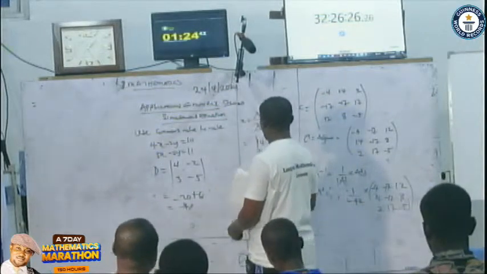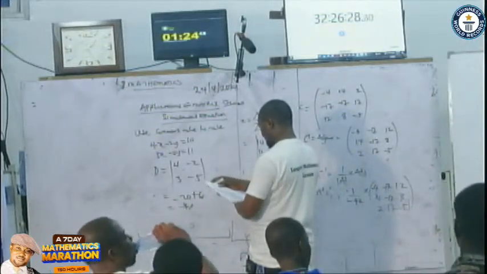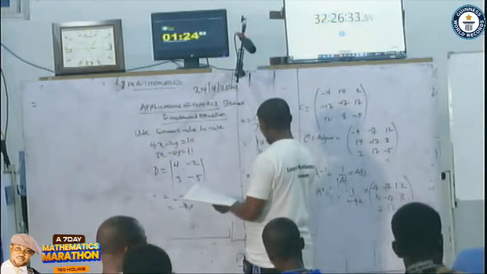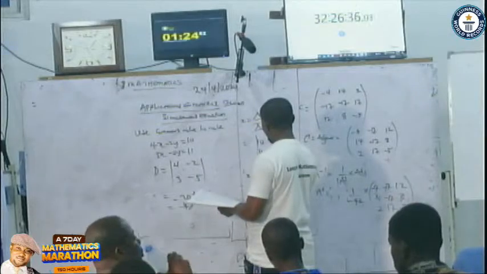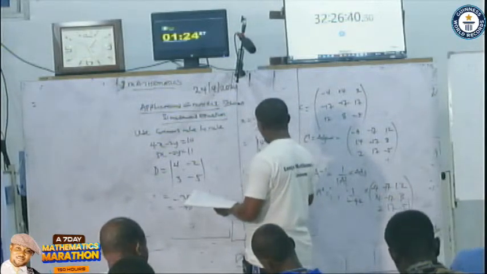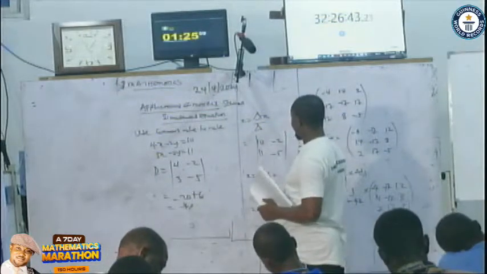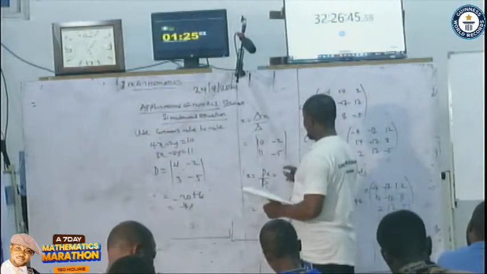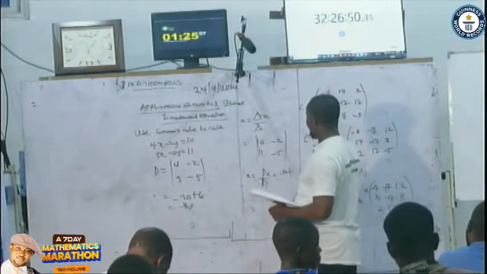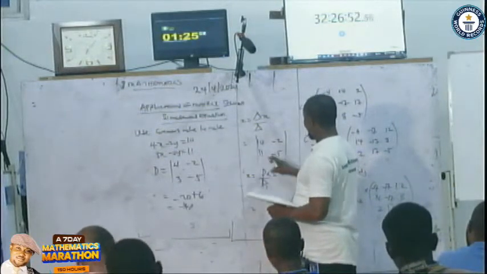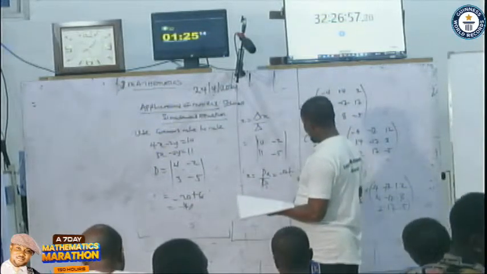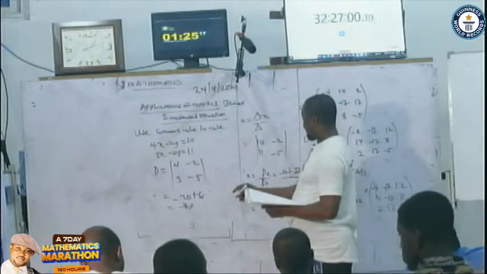But changing x, my x will now be equals to determinant of this, which will now be minus 50, plus 22, divided by minus 14.